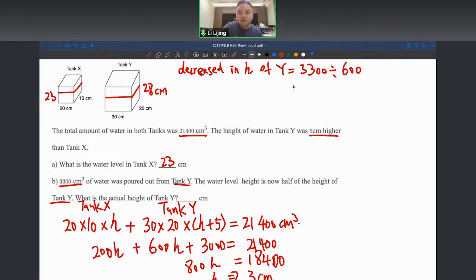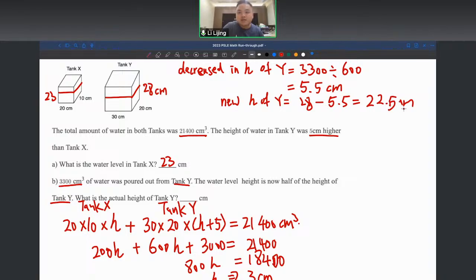So you will get 5.5. The new height of Y is 28 minus 5.5. You get 22.5 cm.